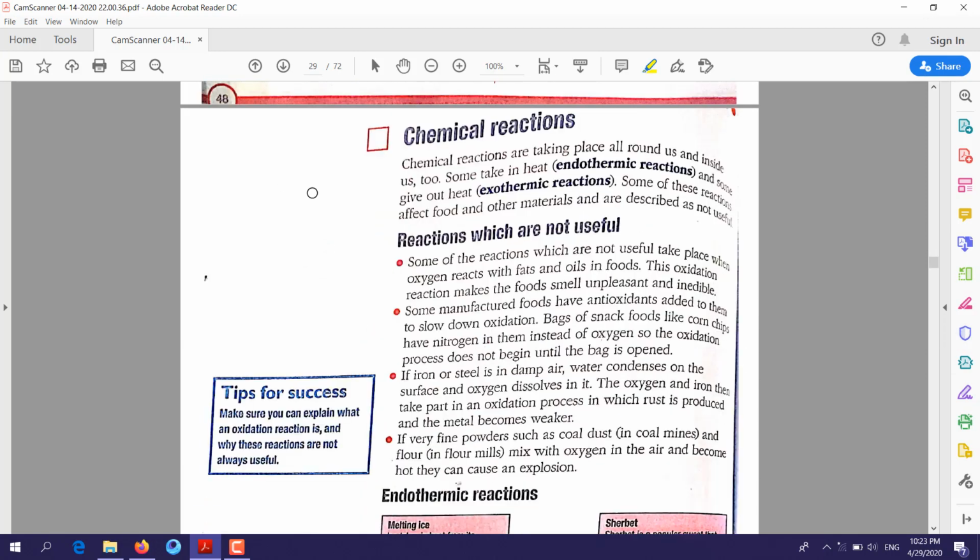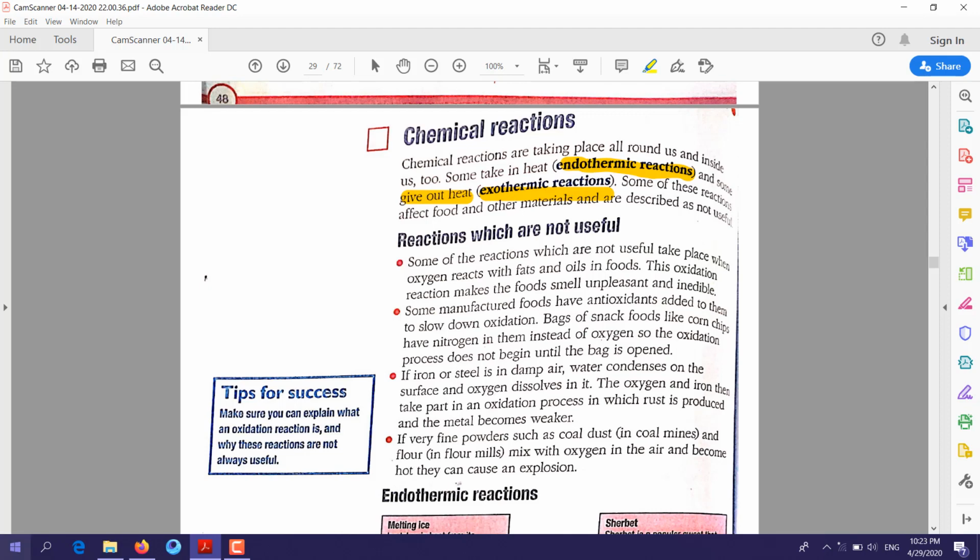Chemical reactions. Chemical reactions are taking place all around us and inside us too. Some take in heat, we call them endothermic reactions, and some give out heat, we call them exothermic reactions.